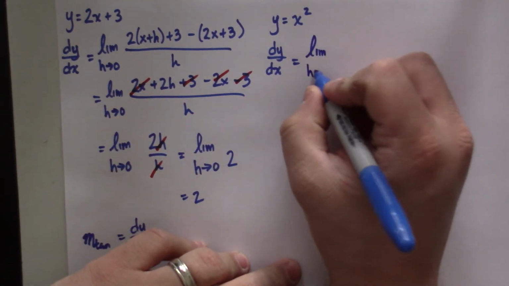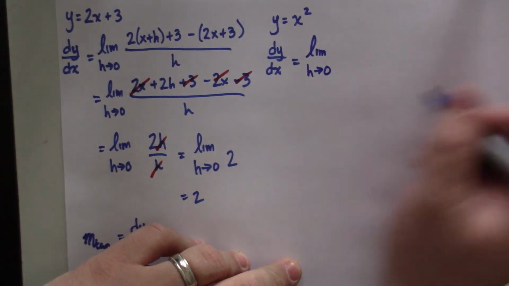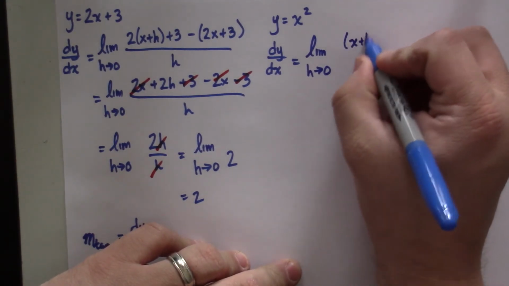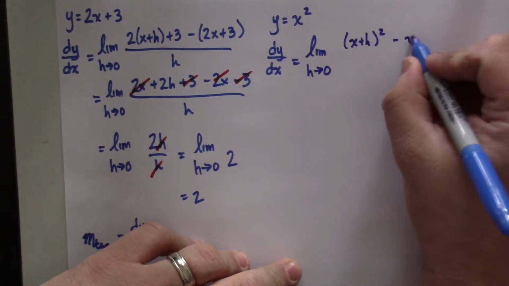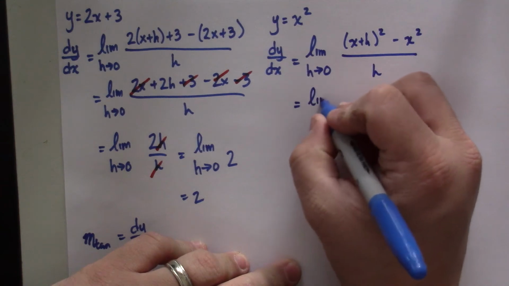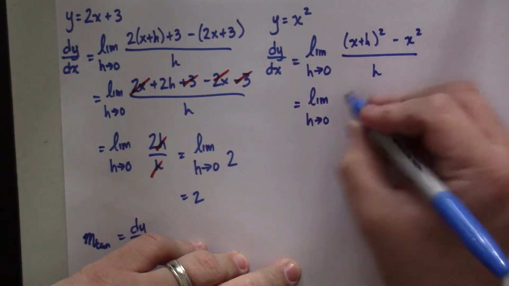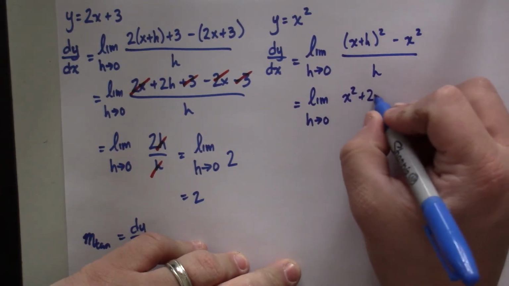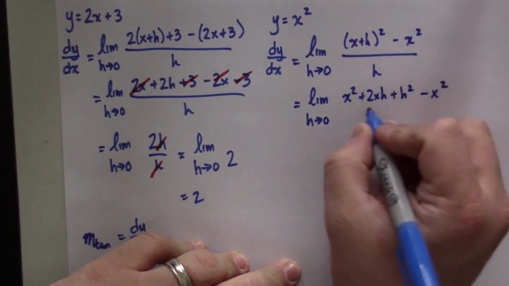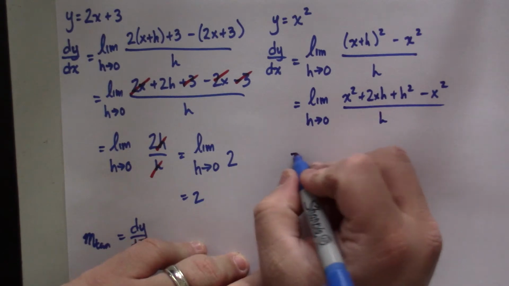So that's the limit as h goes to 0 of x plus h squared minus x squared over h. x plus h squared is x squared plus 2xh plus h squared. I'm going to subtract x squared still, all of that over h.